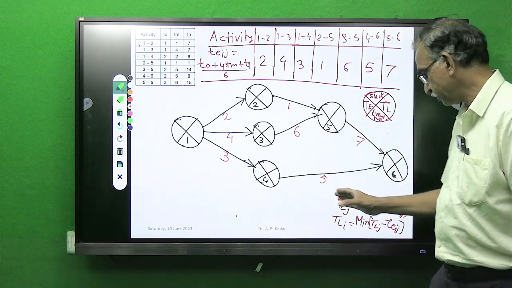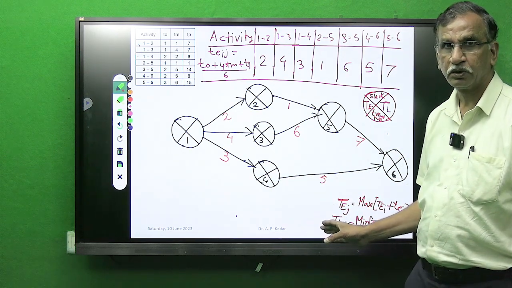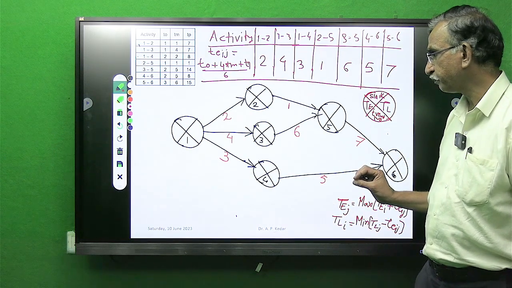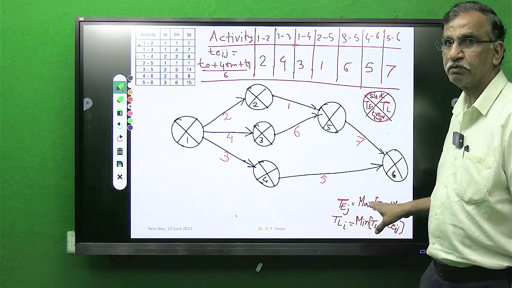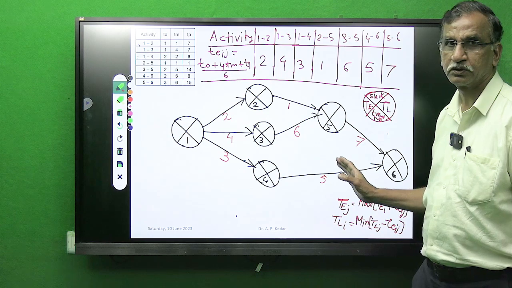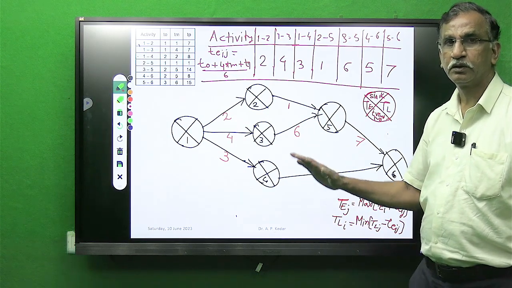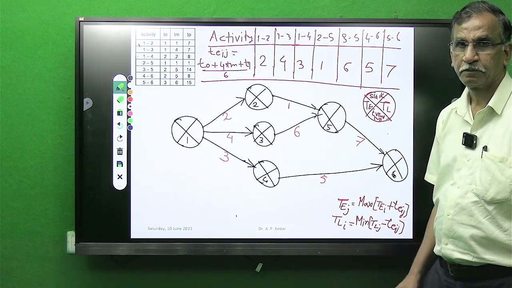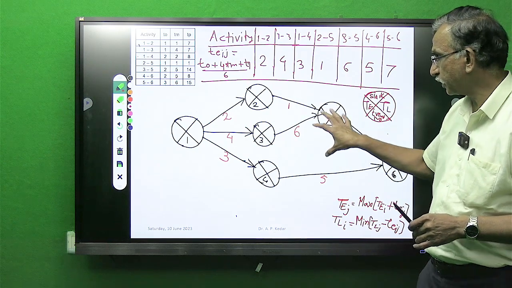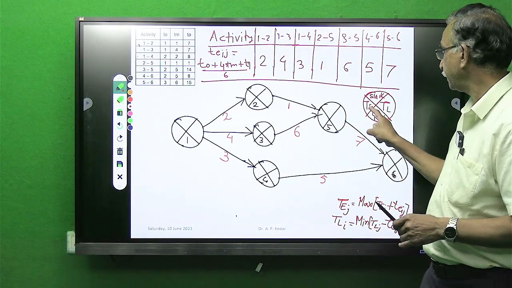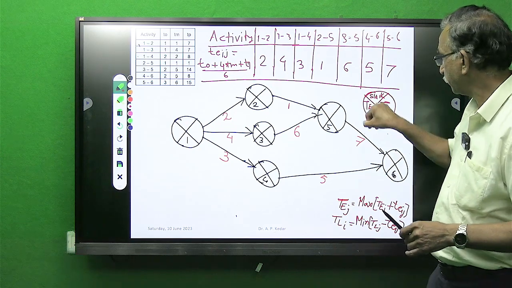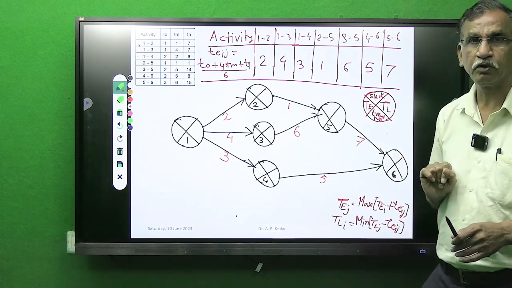And while calculating the values, what we have to remember, we have to take the maximum value in forward pass, the minimum value in reverse pass, and then once we calculate this value of TE, TL, our next intention will be to find the value of slack.